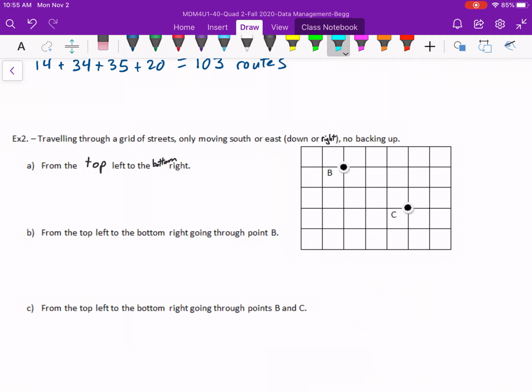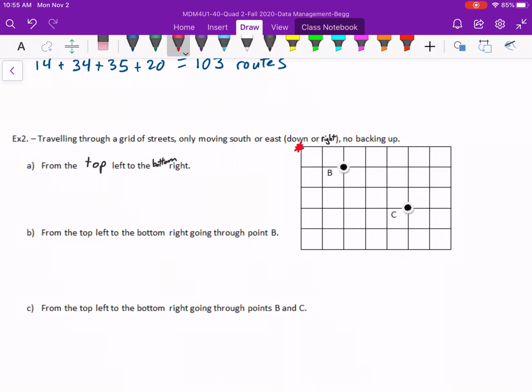Traveling through a grid of streets, only moving south or east. So if we start up here at the top, and we're only allowed to go downwards or to the right, how many paths are there to get to the bottom right?